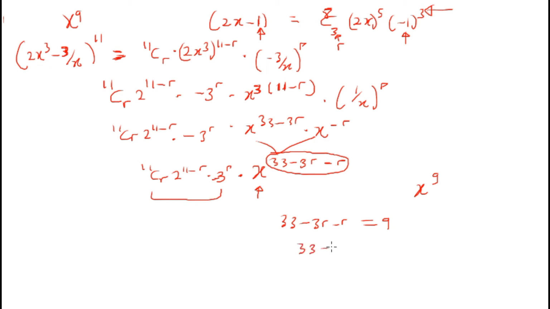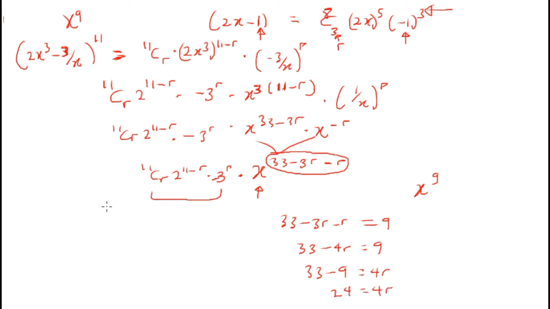So I'll have 33 minus 4r equal to 9, so I take positive 9 to the other side of the equation where it becomes negative, or by subtracting 9 from both sides, so that I have 33 minus 9 equal to 4r. 33 minus 9 is 24, so 24 equals 4r.